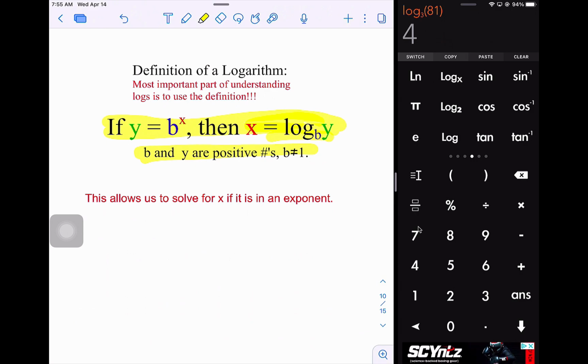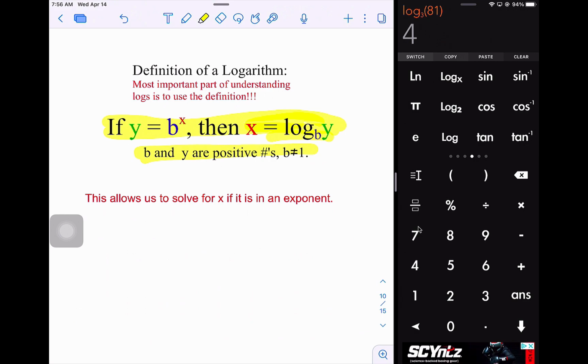Okay? And notice there's a couple of stipulations here. These are mainly coming from what we talked about last week. So notice it says b and y have to be positive numbers. Well, you can't take the log of a negative number. Here's the reasoning behind it. We said before, for an exponential function, you have to start with something in order for it to either grow or decay. So we had said before, b has to be positive, but can't equal 1. That's where this stuff is coming from. And therefore, if you take a positive number and raise it to a power, you're always going to get a positive answer.